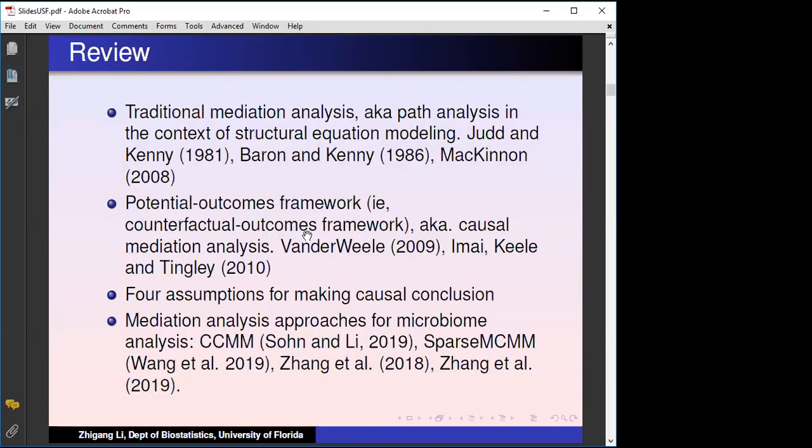The reason it is more flexible is that it uses counterfactual outcomes to define the causal mediation effect. This definition is very general, which allows the method to not rely on the linearity assumption.